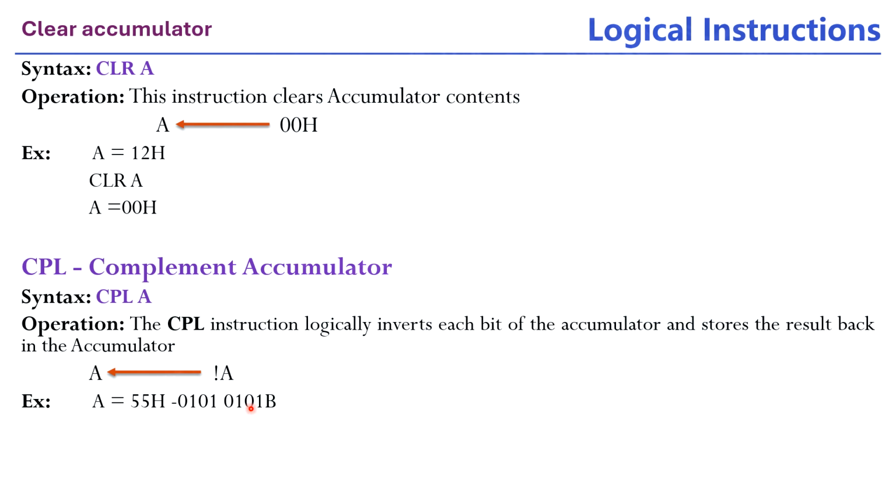We can take an example here, A equal to 55, this value is given. But after the complement, the result will come in this way, just a reverse of this value, 1 0 1 0 1 0 1 0. Okay, the final result is AAH, right?